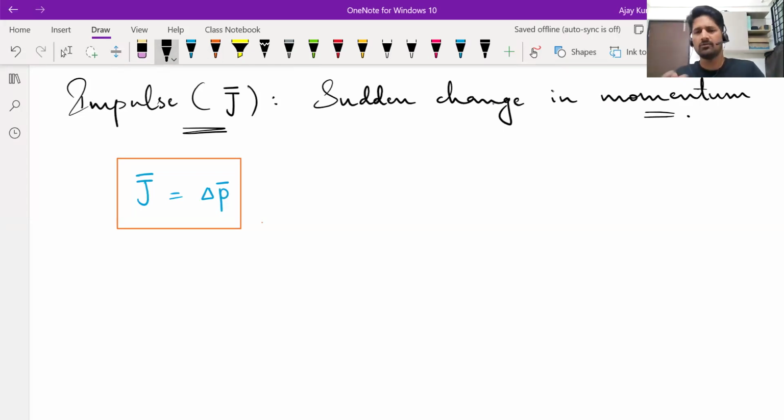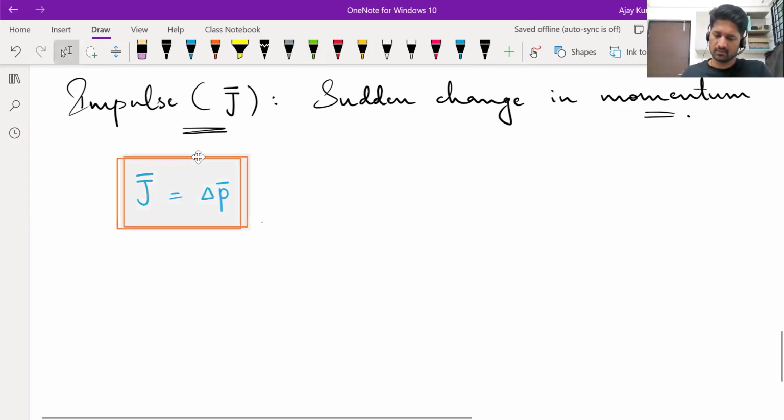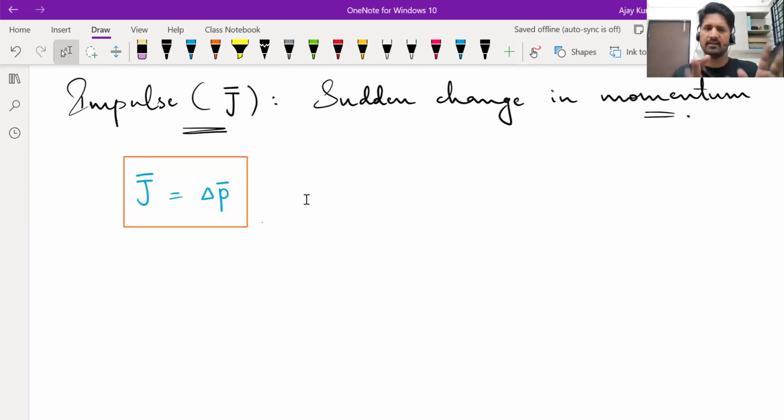Can one of you tell me any example of an object whose motion suddenly changes? I'm not saying its motion should change all by itself. There can be an external agent making it change, creating disturbance. Suddenly means within fraction of seconds. Before it must have been moving with some velocity, and within a fraction of a second, its velocity suddenly changes to something else. Can you think of examples like that?